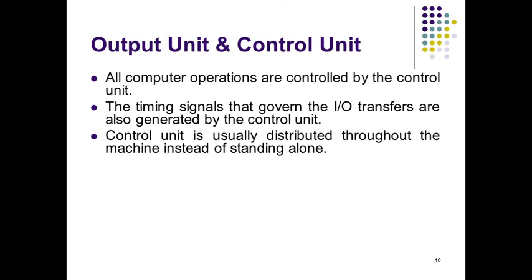The next is the output unit and control unit. As you know, the output unit is the counterpart of the input unit. It is very essential, like the input unit. The function of the output unit is to send the processed result to the outside world. The most familiar example of an output device is a printer.